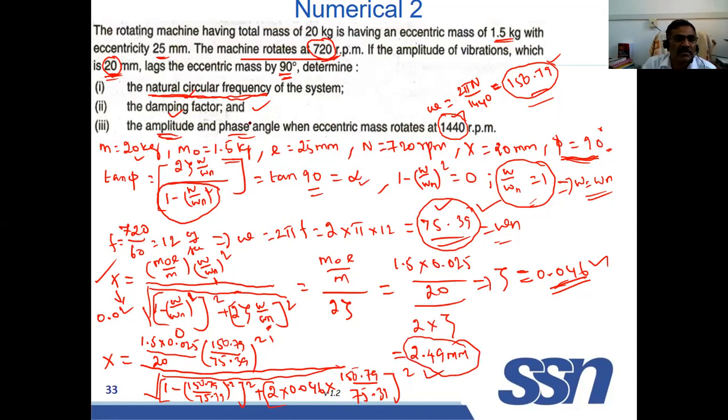Again, you have to find the value of phi, the phase angle. So already we have the equation for phase angle, tan phi. This is the relation to find the value of tan phi.